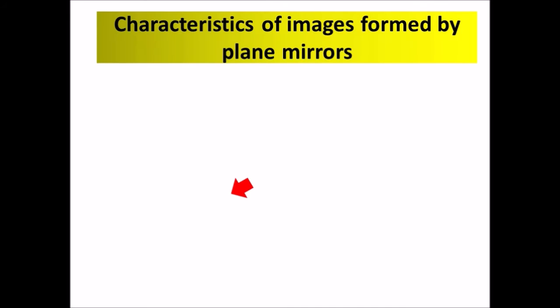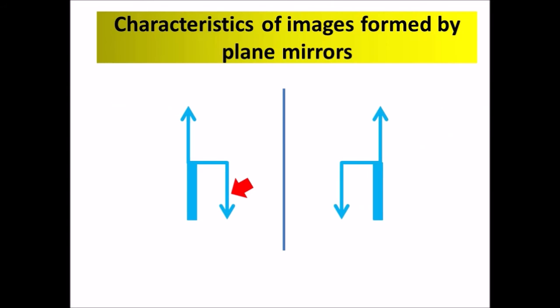Having looked at that photograph, it is now important to look at the characteristics of the images formed by plane mirrors. So you have a mirror line, then there is the object and the image behind the mirror.